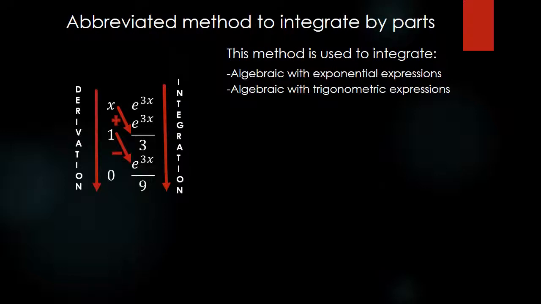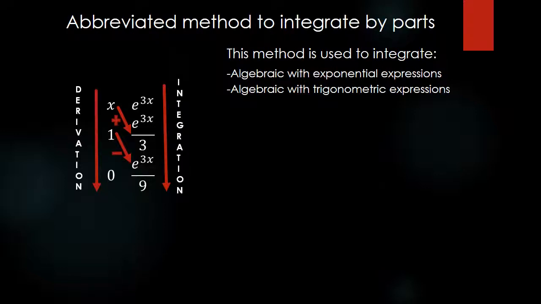Then we multiply crossover the first column over the second column, and each time we change the sign. We start with plus, then minus, then plus, and so on.